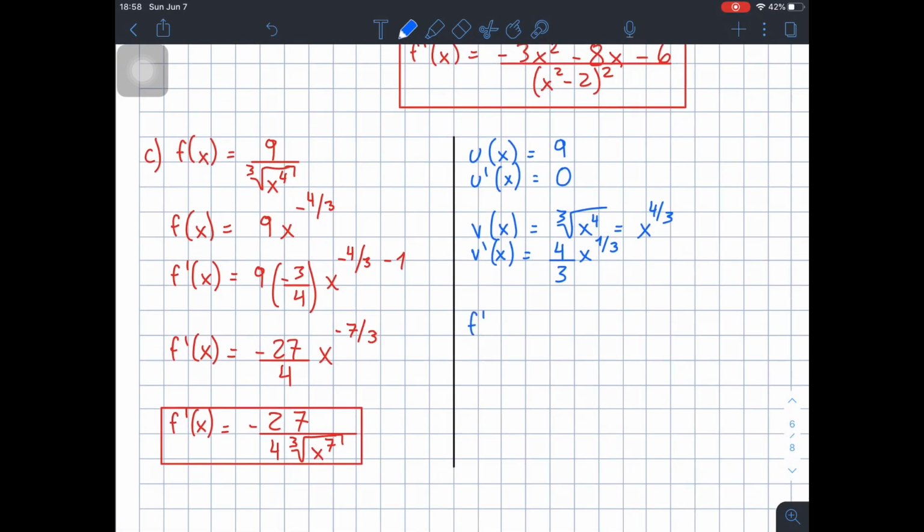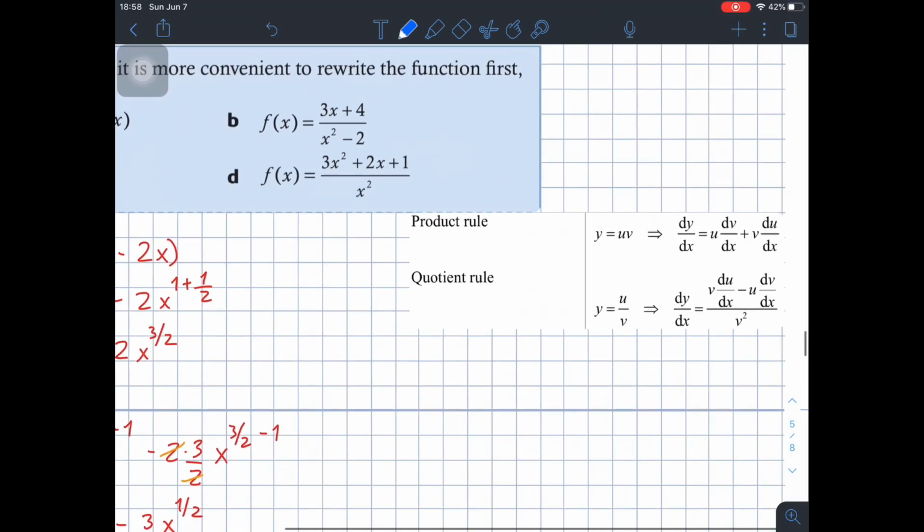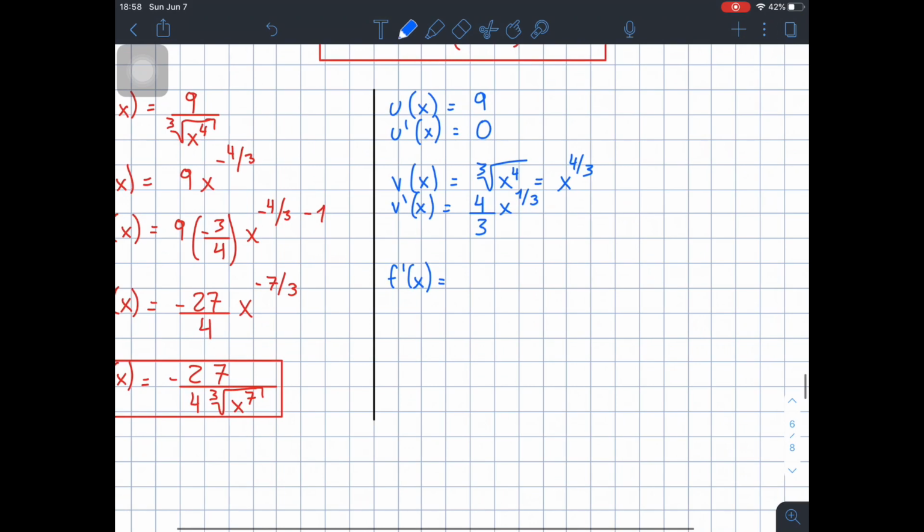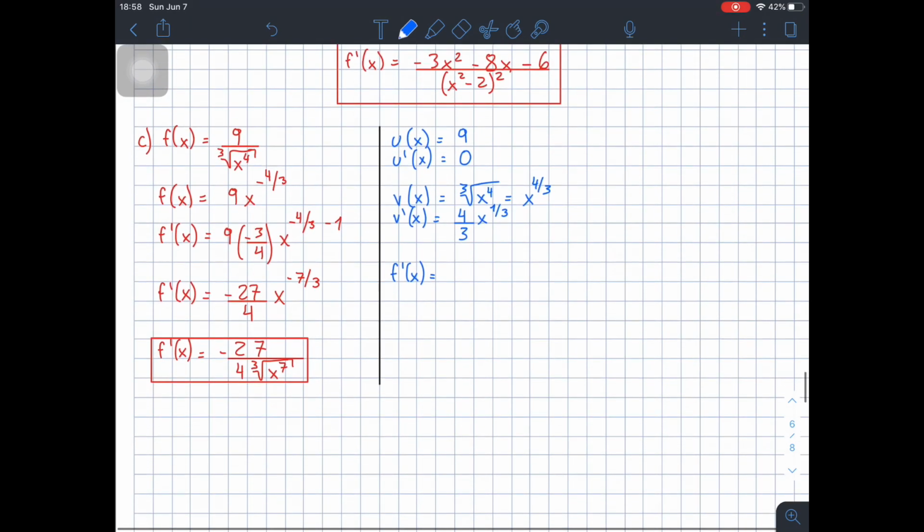Okay, so let's see if this works if we apply the formula. The formula says that f prime of x, using the quotient rule, is equal to, remember, v times u prime minus u times v prime over v squared. So let's see, v is equal to x to the power of 4/3 times u prime, which is 0, minus u, which is 9, times v prime, which is 4/3 times x to the 1/3.